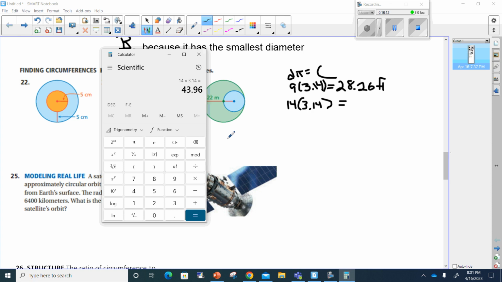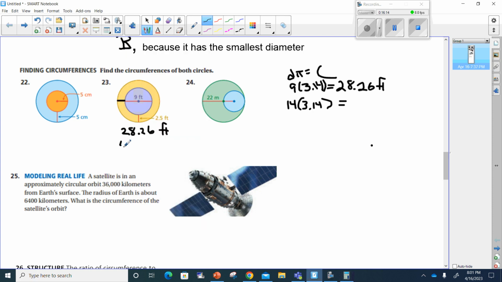That's going to equal 43.96, also in feet. That's really close to 44 feet. The exact number will be 43.96, but it's really close to 44 feet there.